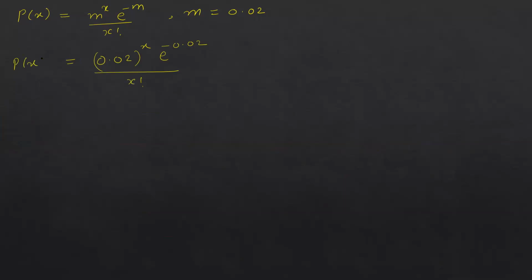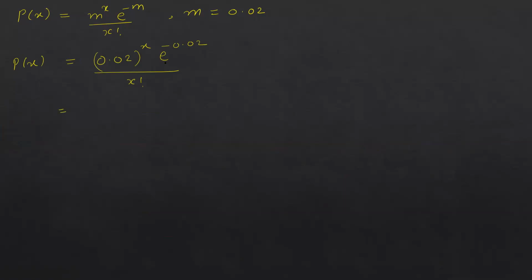So here you will get p of x, we had the formula m power of x e power of minus m by x factorial, but we have got the m value as 0.02. So I will substitute that here. This will become 0.02 power x into e power of minus 0.02 whole divided by x factorial. So this is p of x.